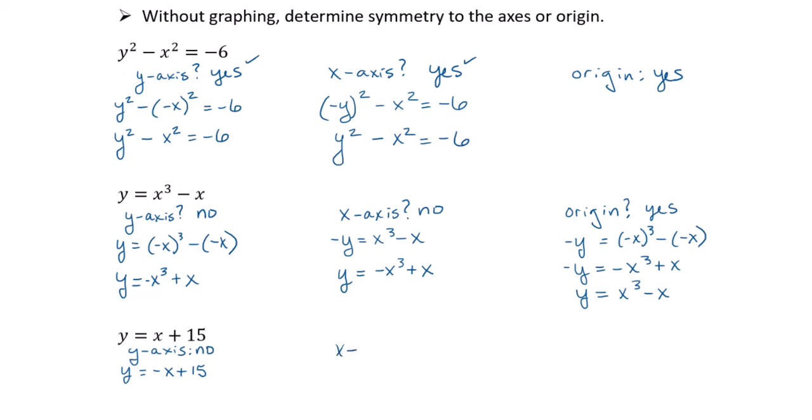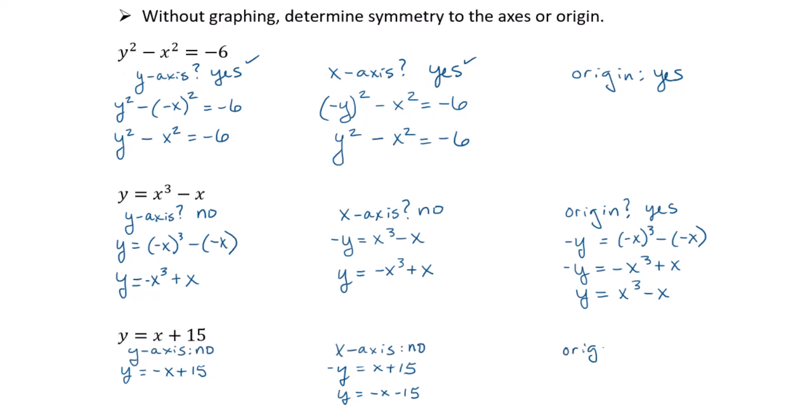How about x-axis symmetry? So let's try, we've got a y gets replaced with negative y. And if I try and manipulate this in a way to get it solved for just a plain y, I don't have an equivalent equation. So this is a no.